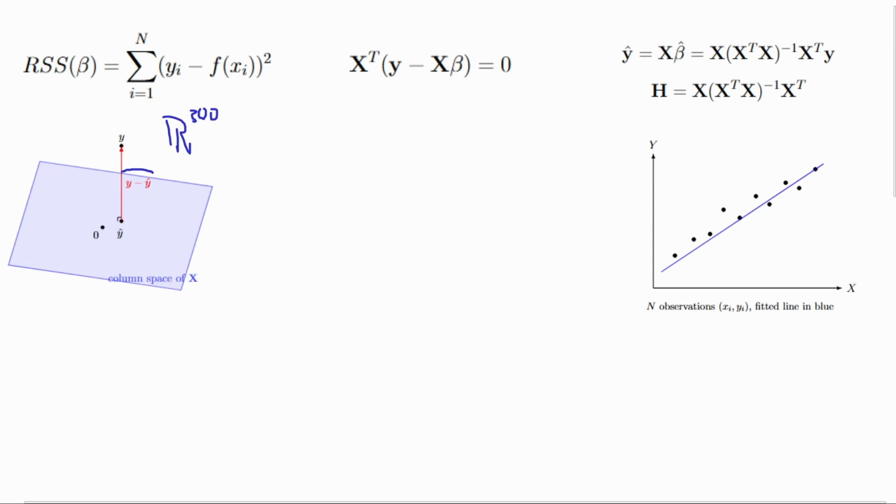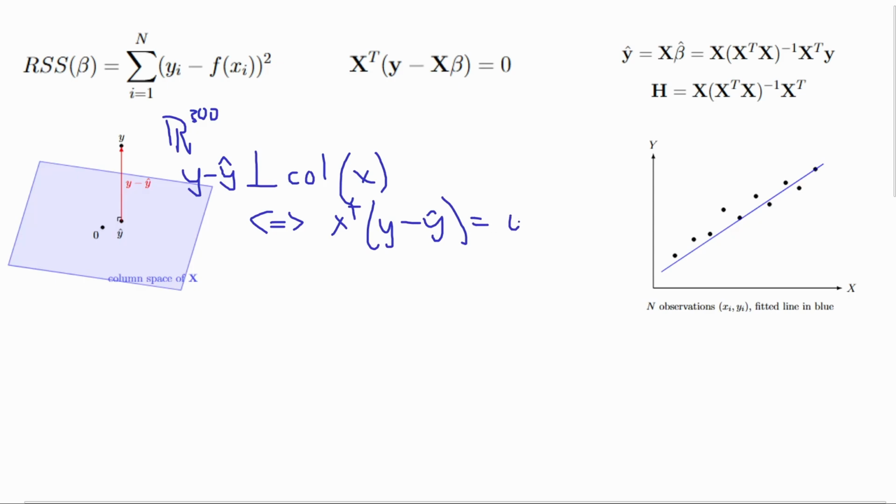In other words, the residual vector, y minus y hat, must be perpendicular to the column space of X, which of course means that X transpose times (y minus y hat) is equal to 0, where y hat is equal to X times beta hat.